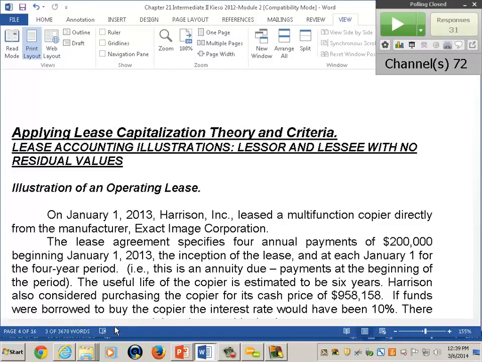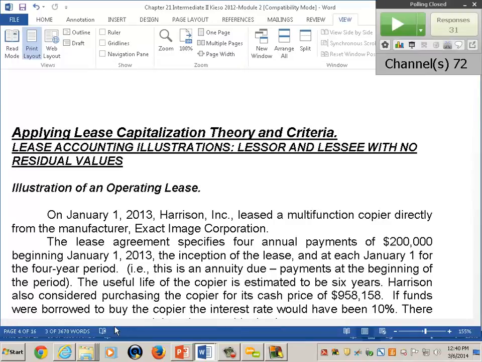This is on page 4 of Module 2. We've got a company, Harrison Inc., on January 1 of 2013, leasing a multifunction copier directly from the manufacturer, Exact Image Company. There are 4 payments, so the lease is a 4-year lease. The term is 4 years.